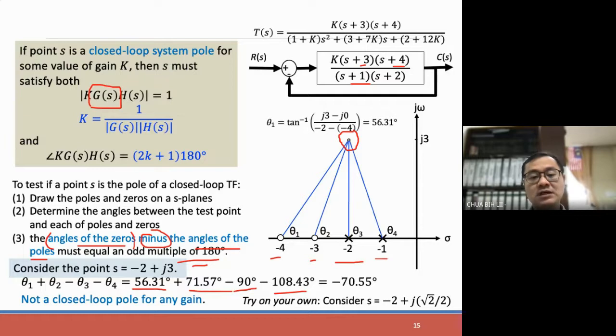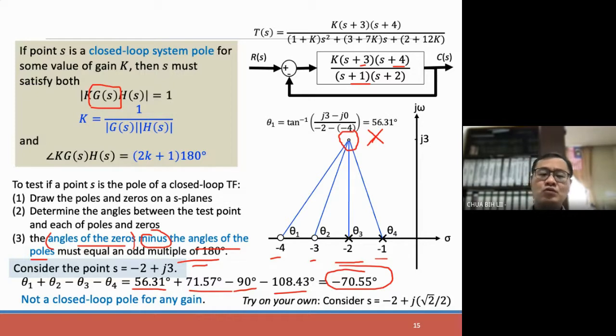So minus, so eventually we get this. So is this a multiple of 180s? No, right? It's only minus 70, it's not 180. Therefore we know that this point is not a closed loop pole. A quick test on it.